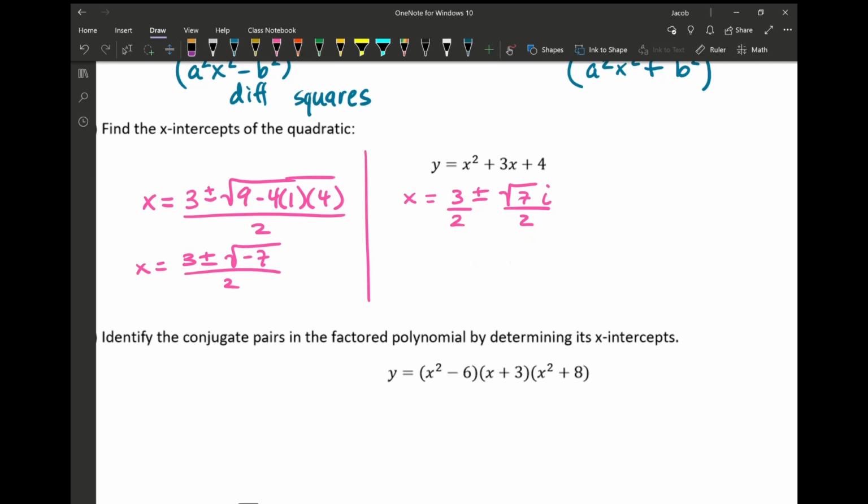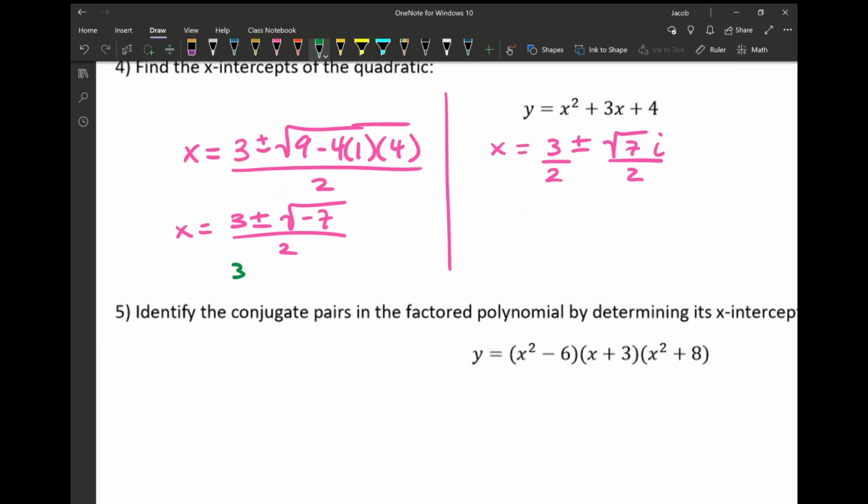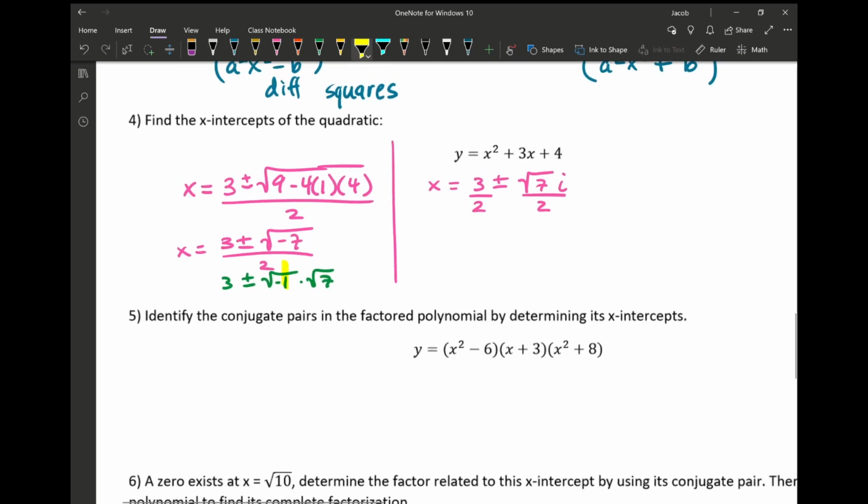And that comes from writing out, to show this in a little more detail, the square root of -1 times the square root of 7. And we know that the square root of -1 is actually i. So I've just written it back here as i being multiplied by the square root of 7.